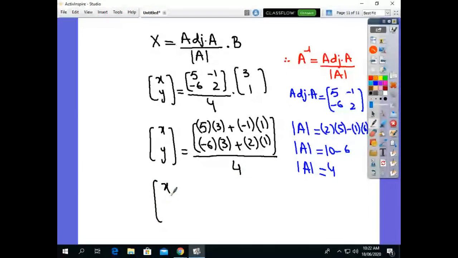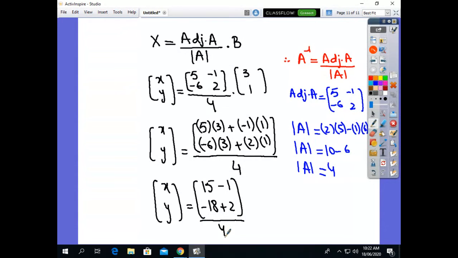After simplification, X, Y becomes 15, negative 1, negative 18 plus 2, divided by 4.